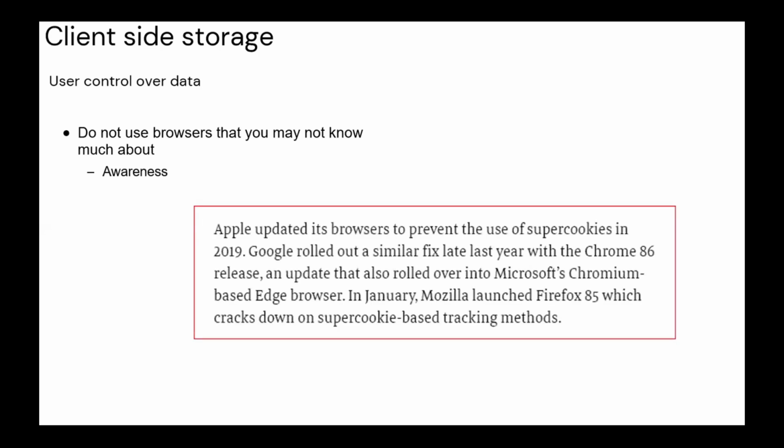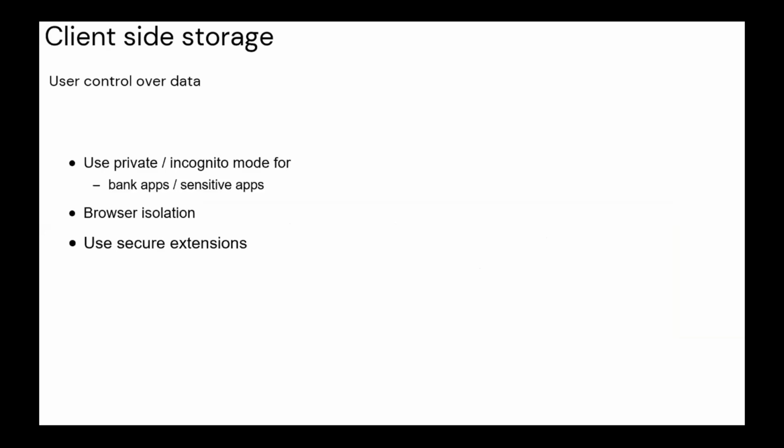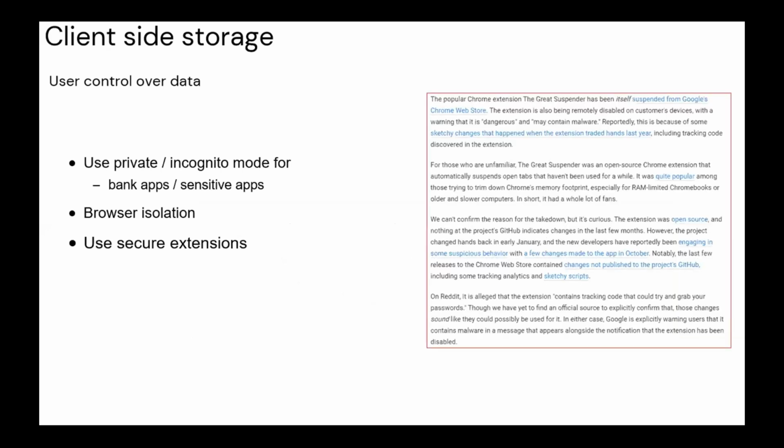Because Apple updated its browsers to prevent the use of super cookies. Google fixed it, Microsoft fixed it. But still, something like that you don't know about, why use it? And then use private incognito mode for bank apps. Use browser isolation, use secure extensions. I'm not sure how many of you are aware of the Great Suspender extension.